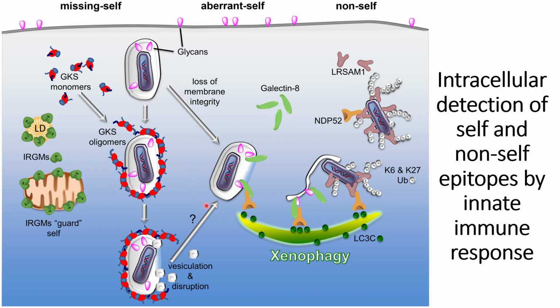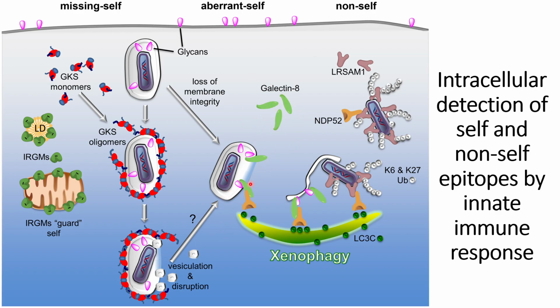the exposure of the pathogen to the cytosolic galactin 8, and the cytosolic galactin 8 can interact with the pathogen and also recruit this NDP52 that I have just said for the missing self part, where the GKS disrupts this vacuole, and then the pathogen is exposed to this galactin 8.